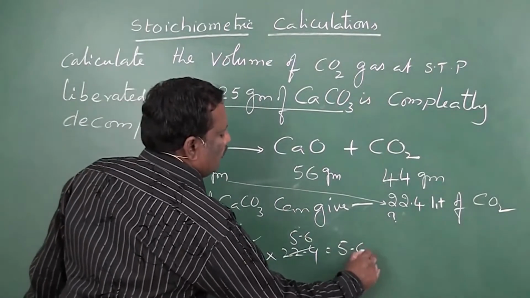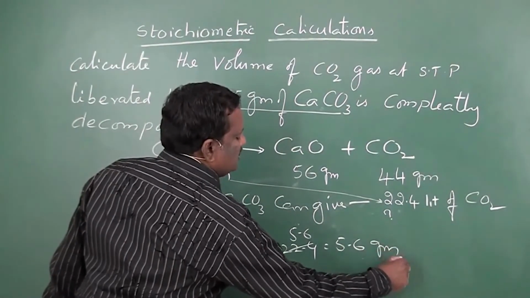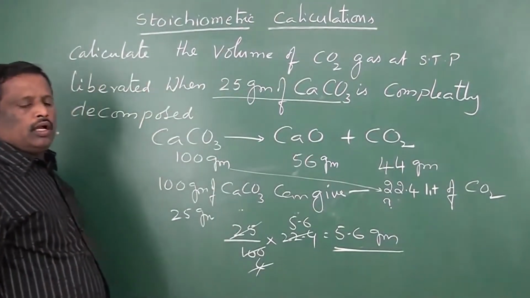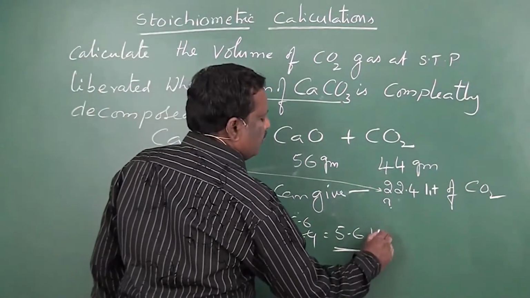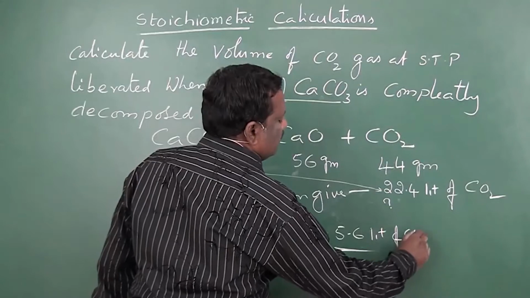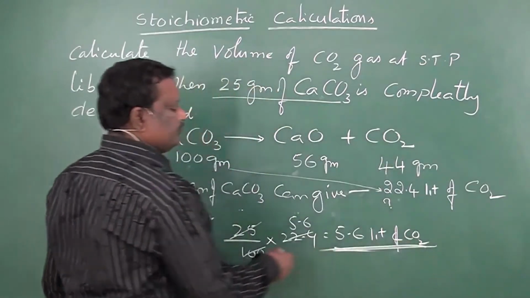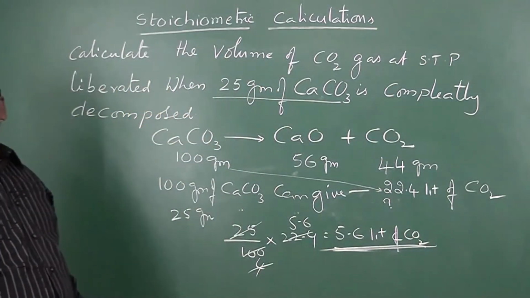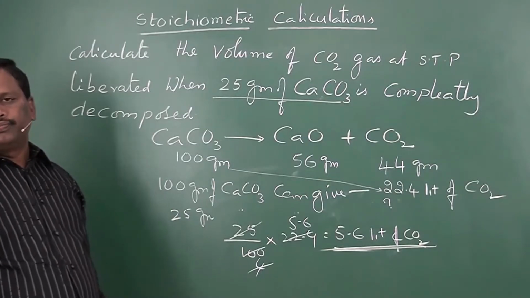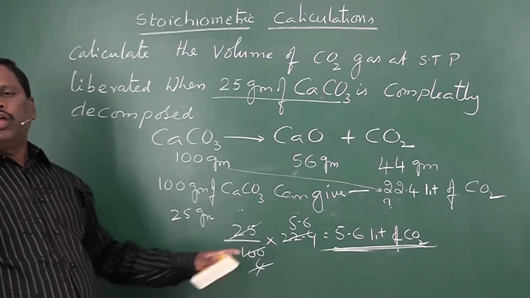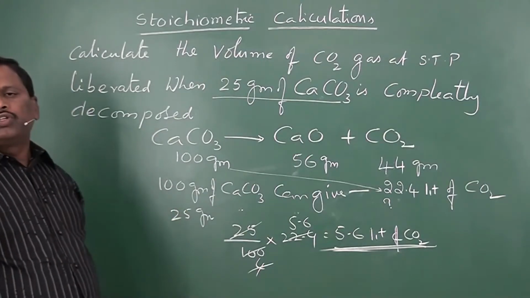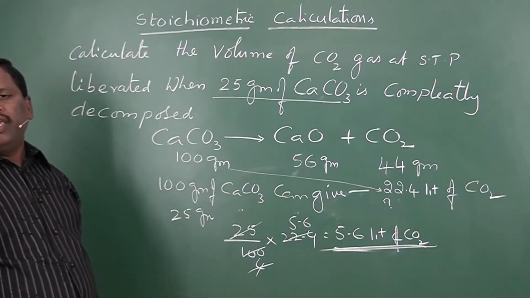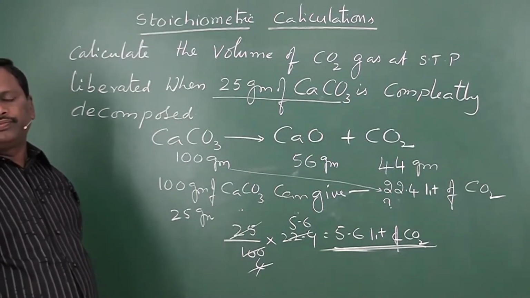So from 25 grams of CaCO3 on complete decomposition, you are going to get 5.6 liters of CO2. That is the volume of CO2 liberated in the complete decomposition of 25 grams of CaCO3.